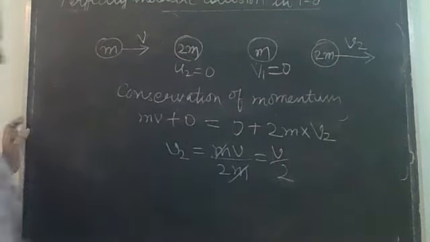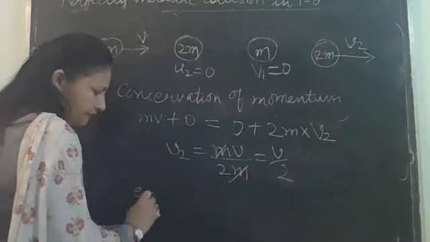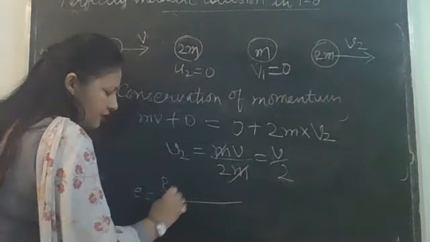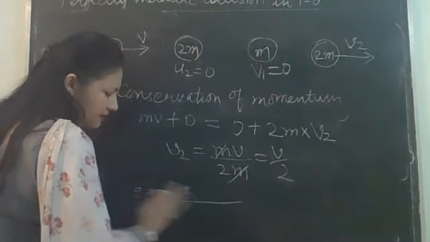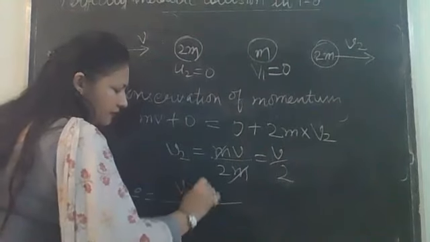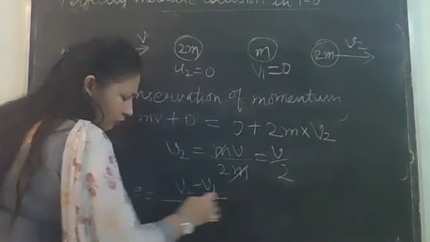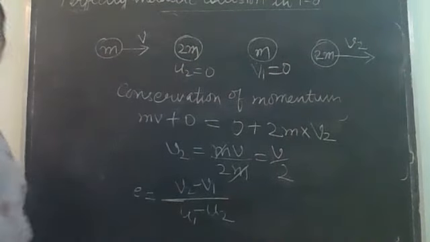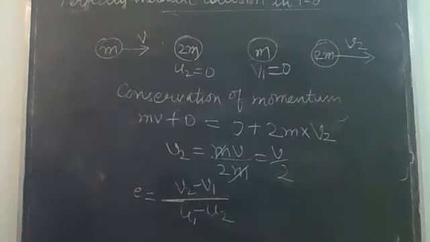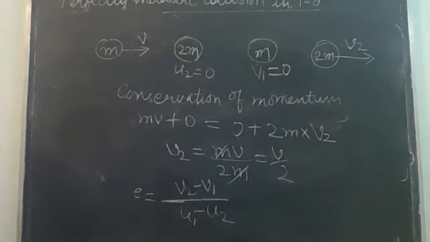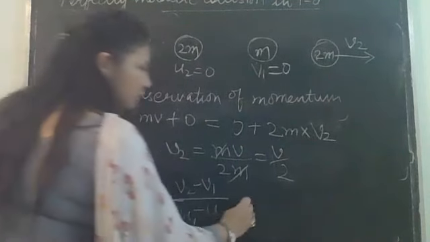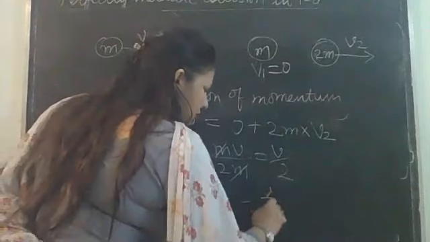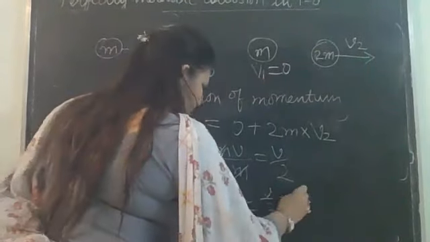Now, what is coefficient of restitution? Relative velocity of separation, that means v2 minus v1, over relative velocity of approach. This was the definition, this was the formula of e. So let's apply it here. What is v2? v2 is v by 2, we have just calculated. What is v1?